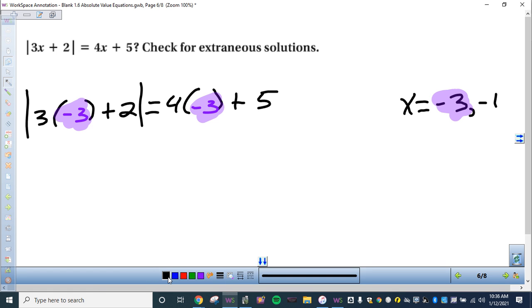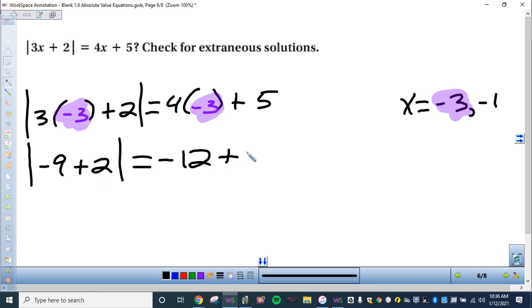Remember, absolute value is always positive. So we have absolute value of 3 times -3 is -9 plus 2 equals -12 plus 5. -12 plus 5 is -7. So I want to get -7 on the left side. Can I get -7 on the left side?